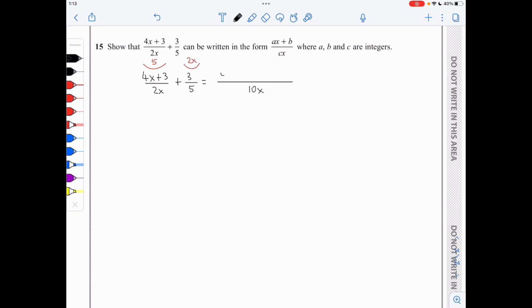And this leads to 5 brackets (4x + 3) + 6x. I will expand to get 20x + 15 + 6x over 10x, which leads to (26x + 15) over 10x.